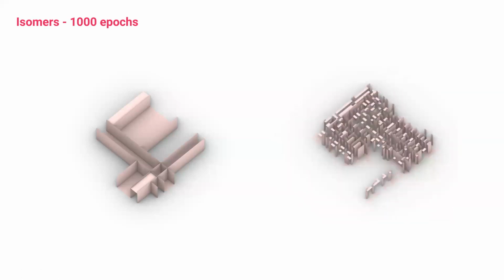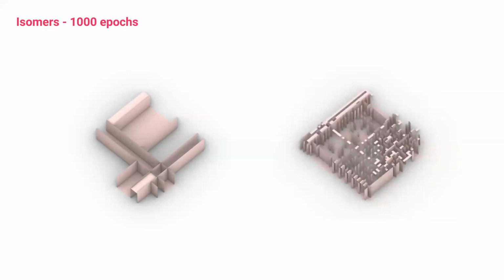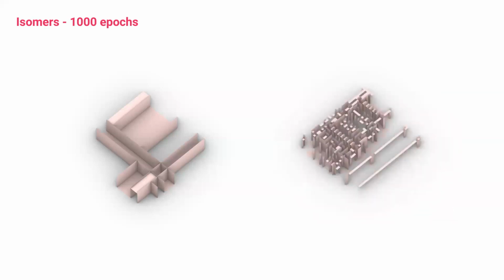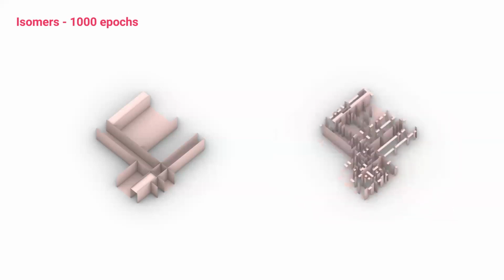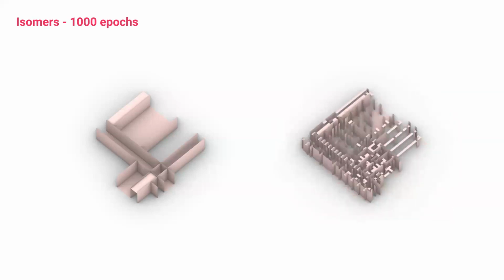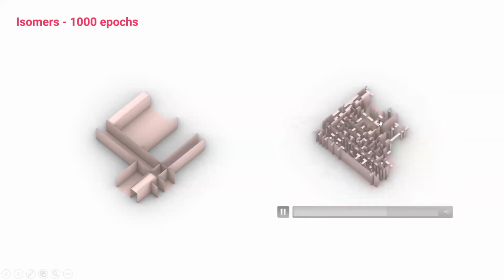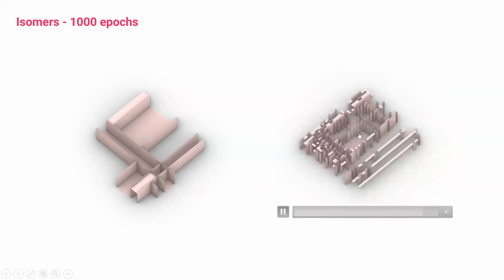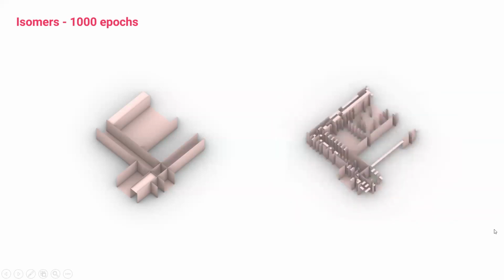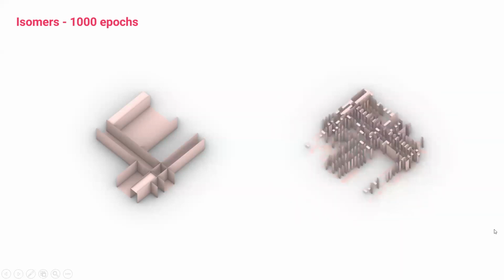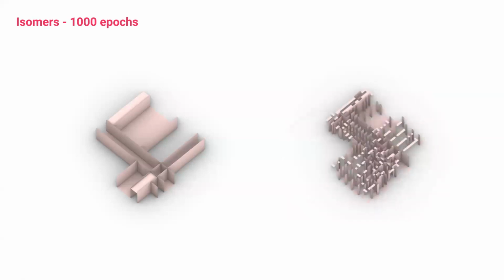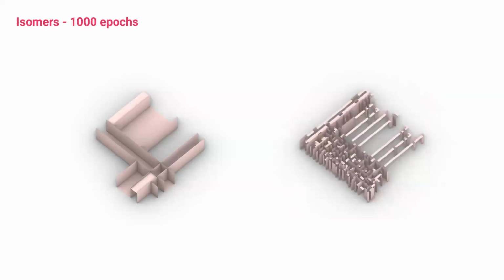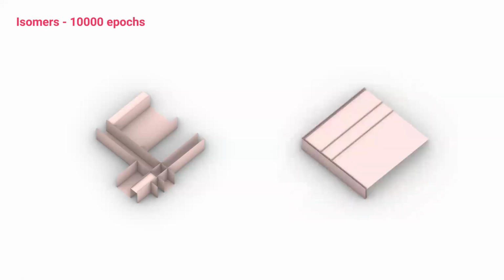So at this point, it is able to learn that there are certain patches where the alignment of the unique cells needs to be right next to each other. There cannot be a 90-degree rotation. And in certain cases, the ground level platforms start to become continuous, but yet it has holes, and all of these outputs could quite literally be called gibberish, even though there's a hint of promise in there.